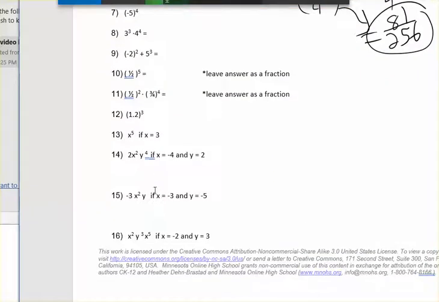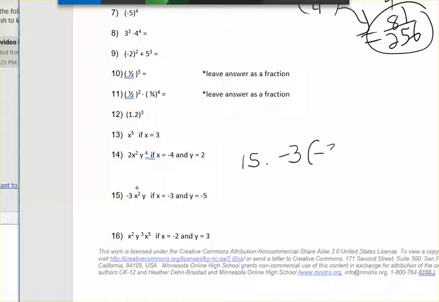Now 14, 15, 16, first you have to take the value of your variable. So in number 15, x is equal to -3. Put that in to your expression and then evaluate it. Let's look at number 15. So we have -3 x squared, but x is equal to -3.